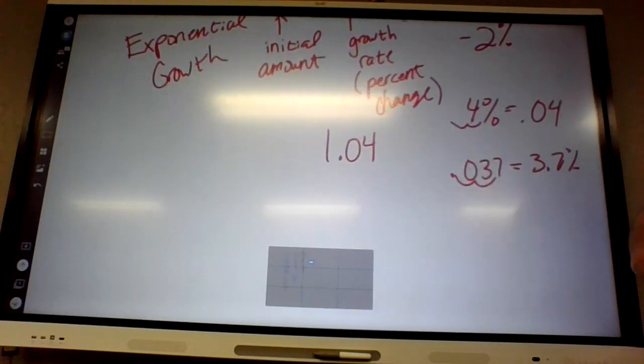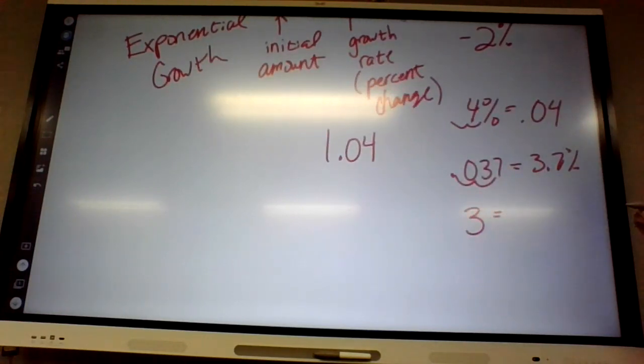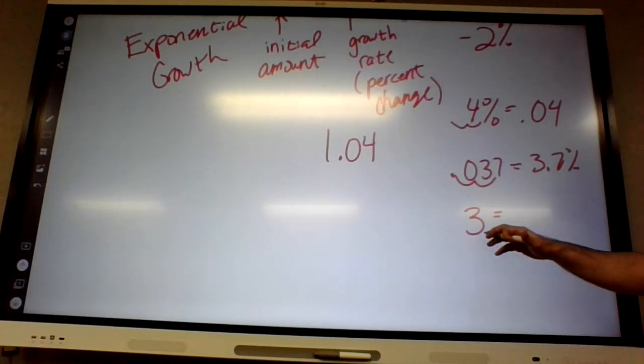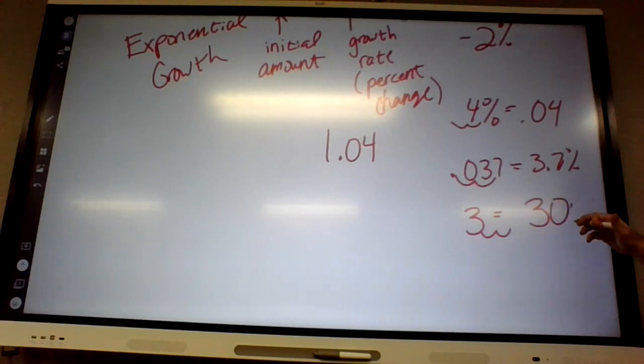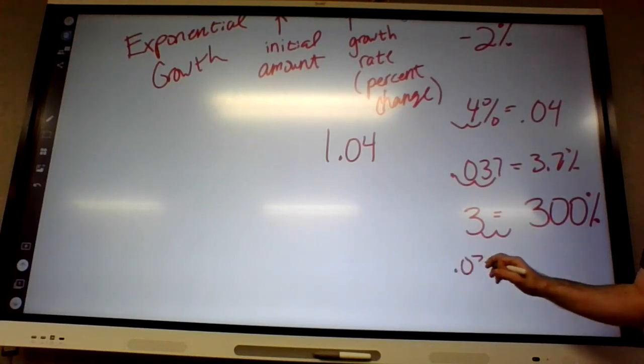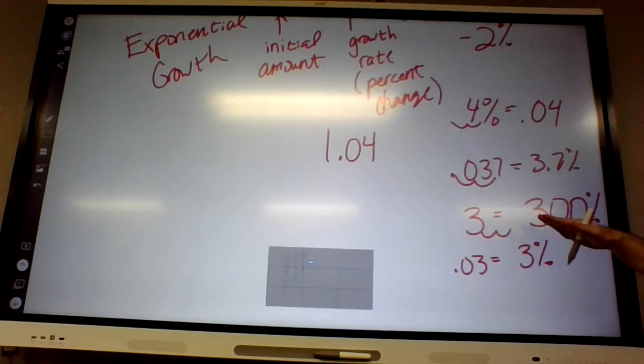So what would the number 3 be as a percent? 0.03? 300%? 0.03 is 3%, but 3 is 300%. If something is 300% of what it was, it's 3 times what it was.